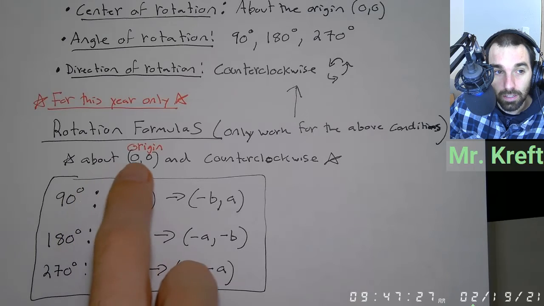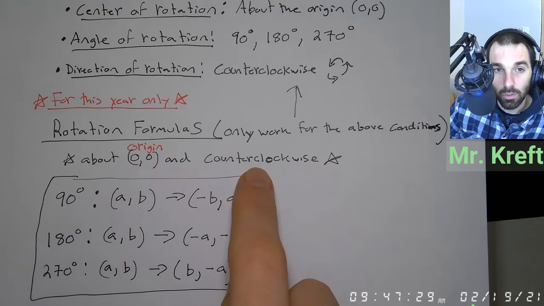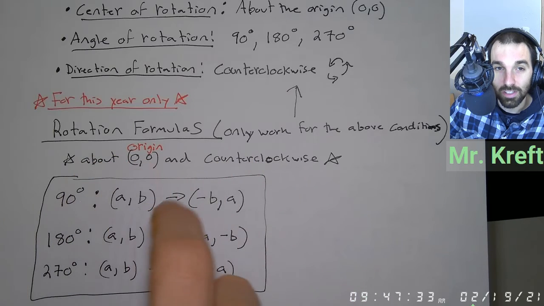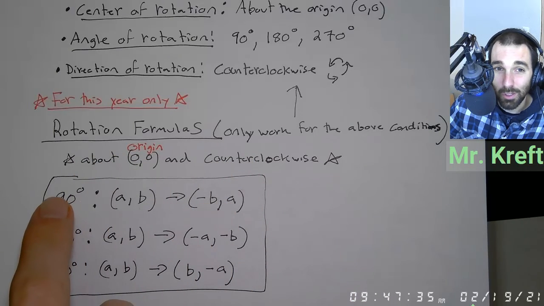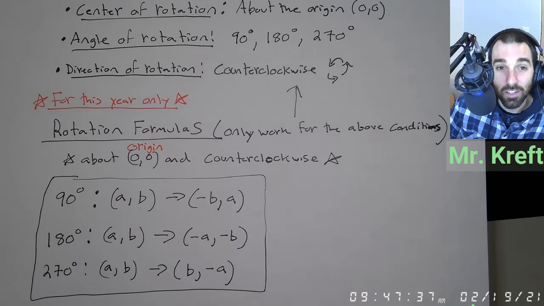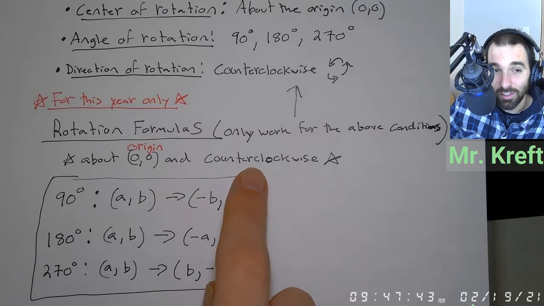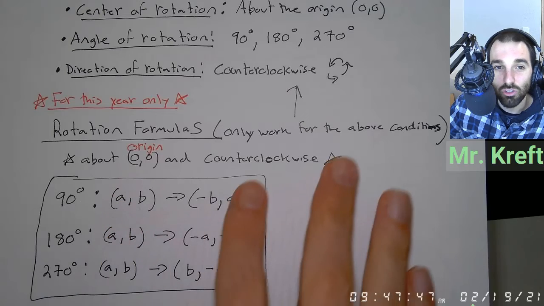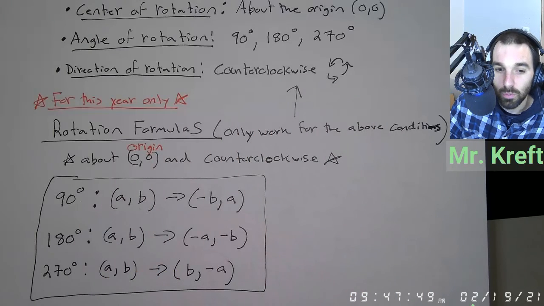And we're always going to be rotating about the origin and counterclockwise, okay? So these only work if we're going about the origin and counterclockwise, and they only work if we're doing multiples of 90s. You guys can imagine there's all sorts of rotations that aren't multiples of 90s. And we don't always have to go counterclockwise in real life, and we're not always about (0, 0) in real life. So this is just an intro to rotations, okay?